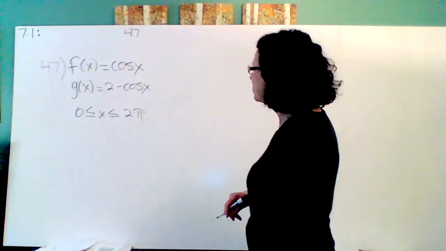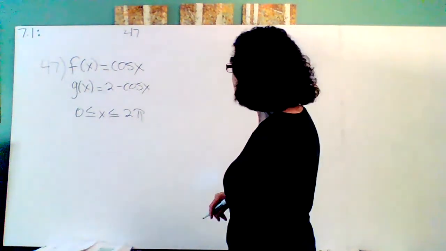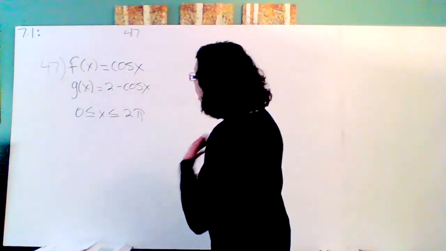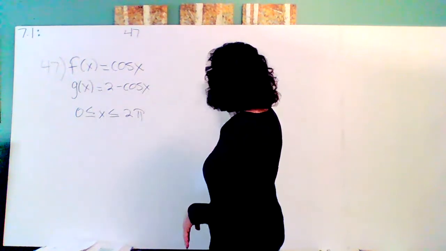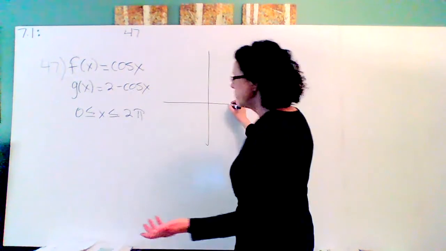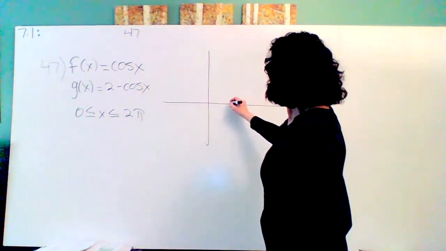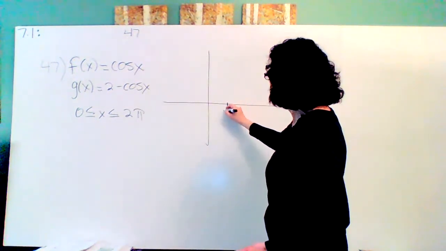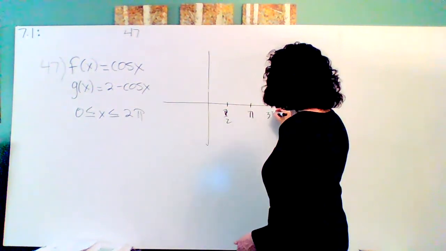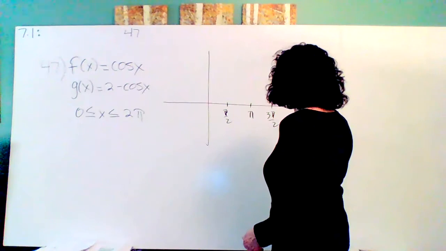But let's take care of it because it's some trig. Okay, now they gave us 2 functions, and they give our x's between 0 and 2 pi. And so I'll just make my quadrantal interval marks here: pi over 2, pi, 3 pi over 2, and 2 pi.